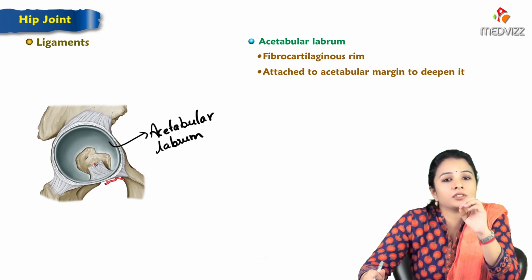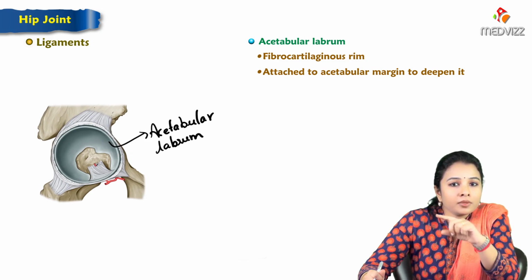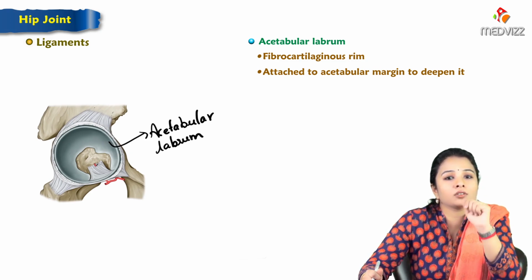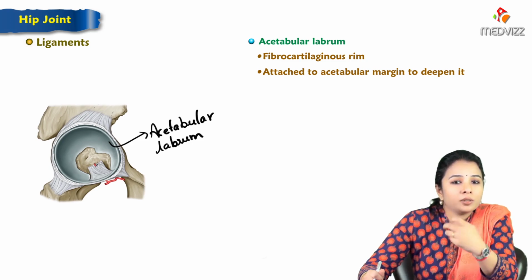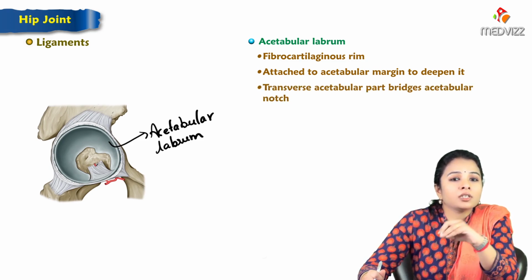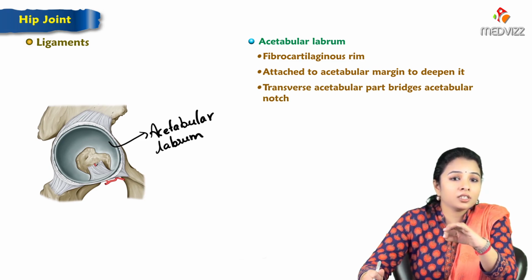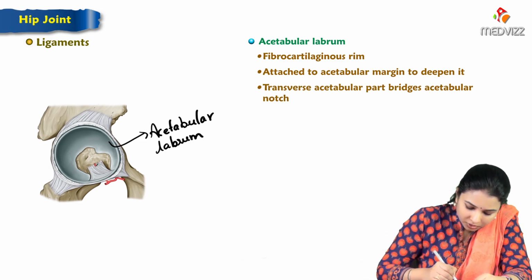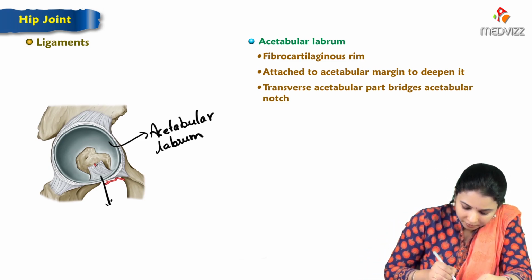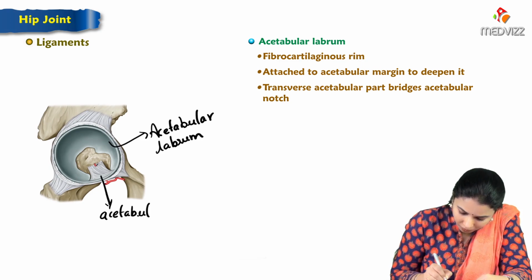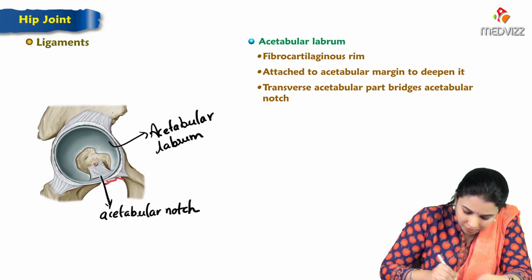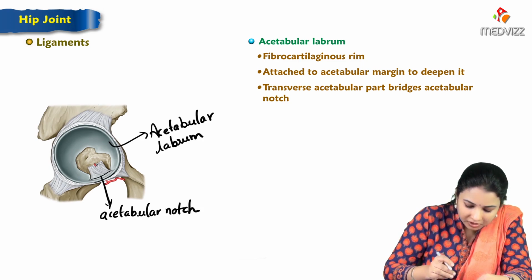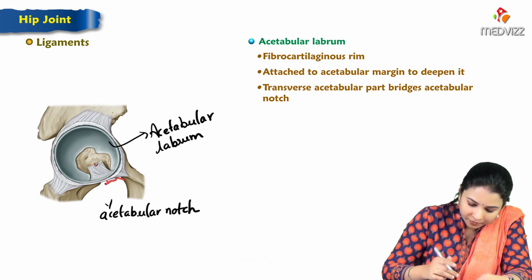It is a fibrocartilaginous rim along the margins of the acetabular cup, and its transverse acetabular part bridges the acetabular notch. So here, we can see it bridges the acetabular notch.